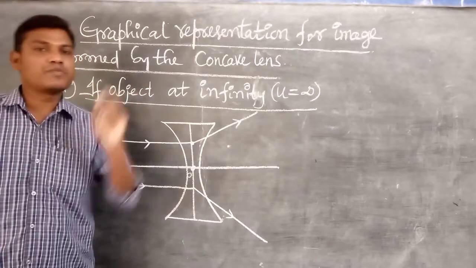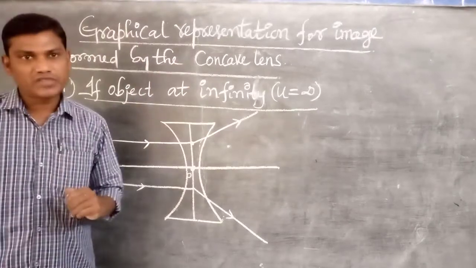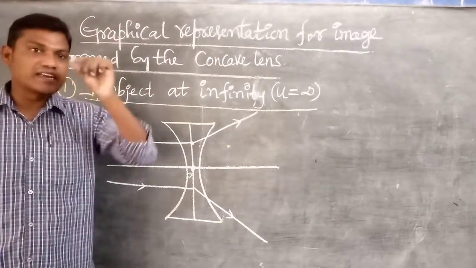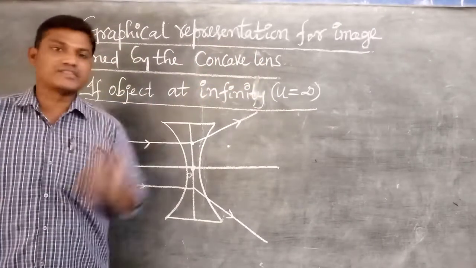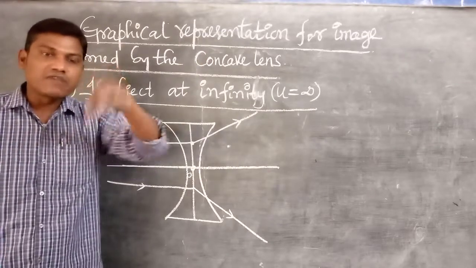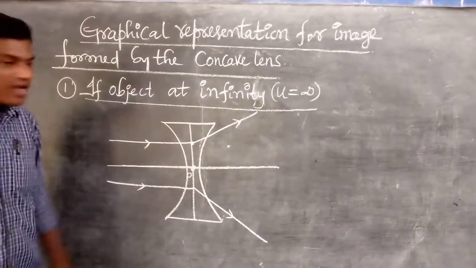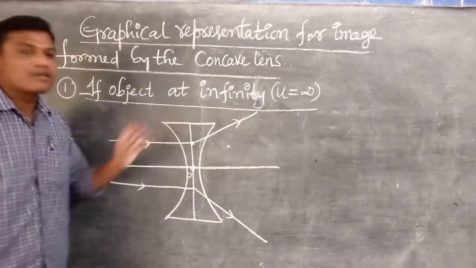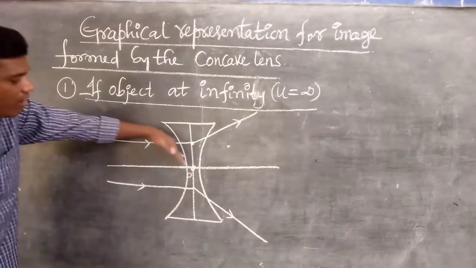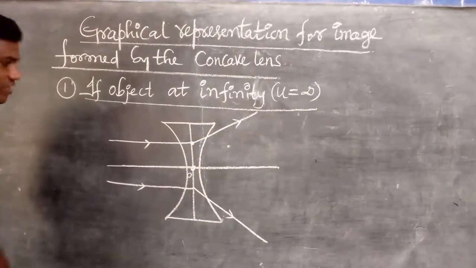Image is formed in two cases, after reflection or refraction: either the rays really meet at a point, or appear to meet or diverge from a point. At that point, image will be formed. But when you use the concave lens, after the refraction the two rays never meet on the other side.